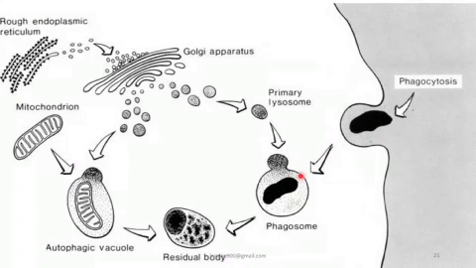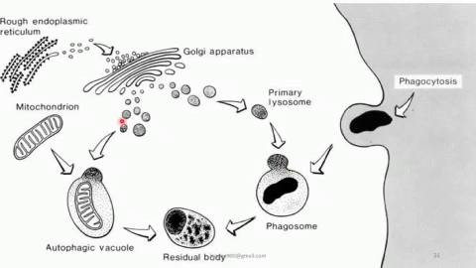Whenever a pathogen is taken in, hydrolytic enzymes are released onto that pathogen so that it can be destroyed. This mechanism is called heterophagy. It's called heterophagy because these lysosomes are feeding on components that are coming from the outside of the cell.